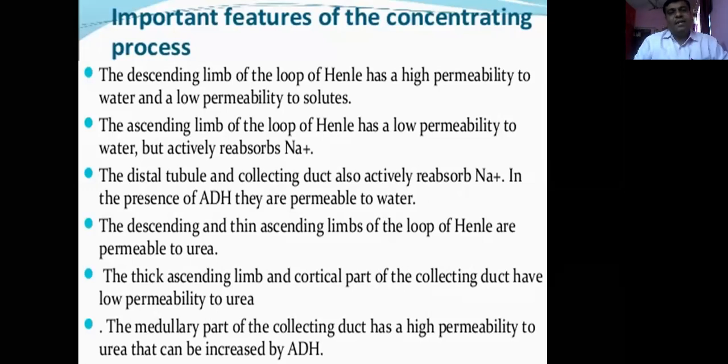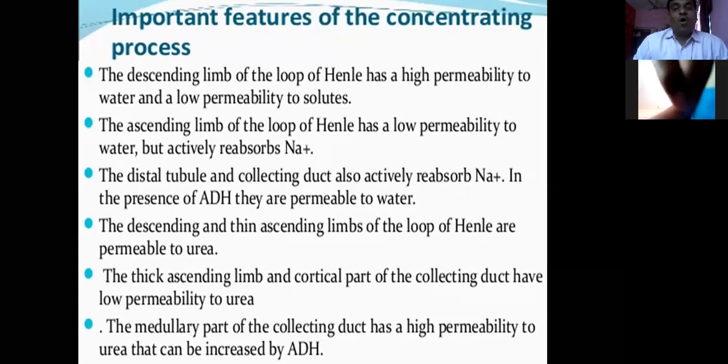Especially, the descending limb of the loop of Henle has a high permeability to water and low permeability to solutes, salts. The ascending loop of Henle has a low permeability to water but actively reabsorbs sodium ions. The distal tubule and collecting duct also actively reabsorb sodium ions.